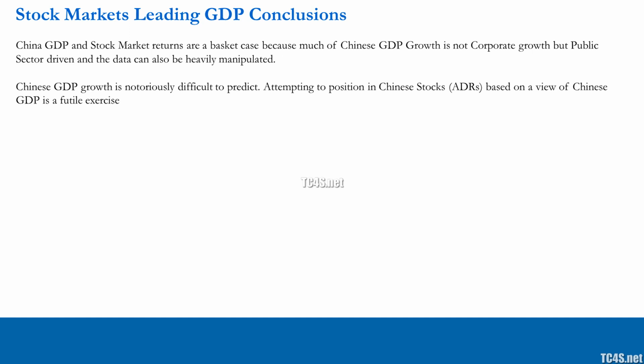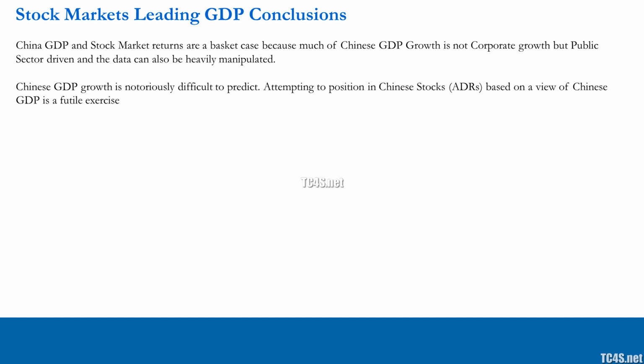This is why Chinese GDP growth is notoriously difficult to predict. A lot of the times, the numbers are made up. They are fantasy, okay? Attempting to position in Chinese stocks, so American depository receipts, Chinese stocks on the New York Stock Exchange, attempting to position in Chinese stocks based on a view of Chinese GDP is very obviously a futile exercise.